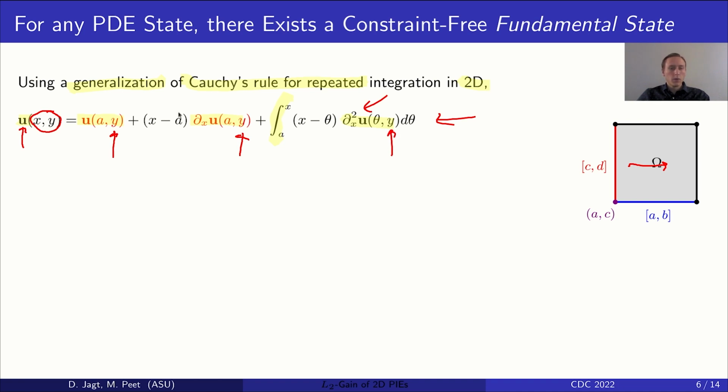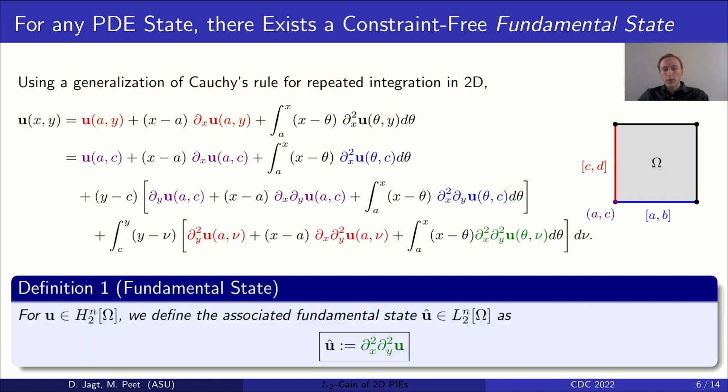So what we can do is we can apply Cauchy's rule for repeated integration to each of these states here along the y direction, yielding this general representation in terms of these corner values, these values along the lower edge, and these values along the left edge of the domain, as well as this second order derivative of the state along both spatial variables on the interior of the domain.